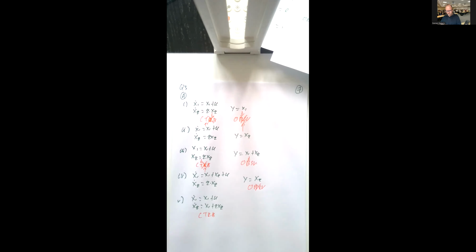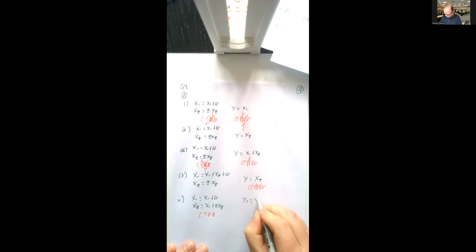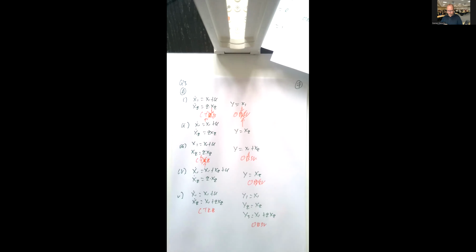And the output equations are now y1 equals x1, y2 equals x2, y3 equals x1 plus 2 times x2. That system is also observable, because I have x1, I have x2, and I have their linear combination, so I have all the necessary information for both states.